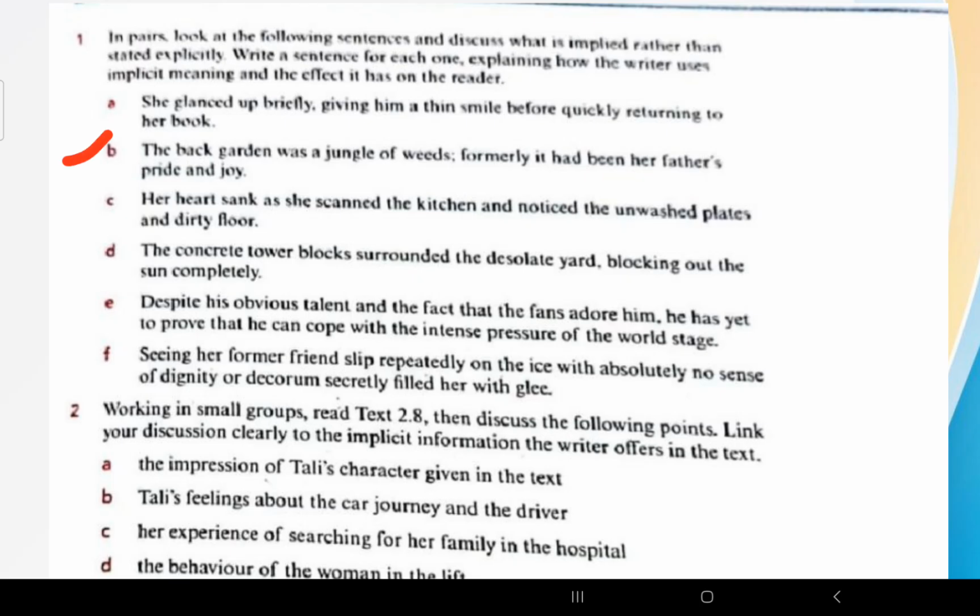The back garden was a jungle of weeds. Formerly, it had been her father's pride and joy. Now the word formerly is telling us a story. This word formerly shows that in this sentence something bad has happened, either to this garden or to the father.